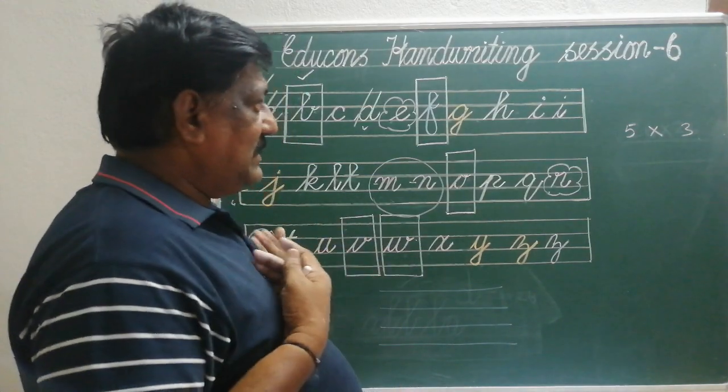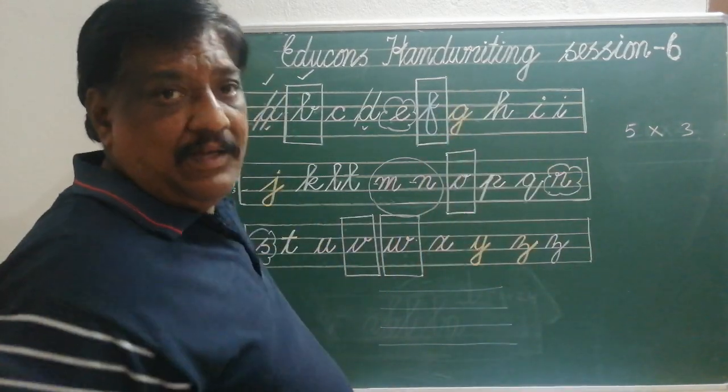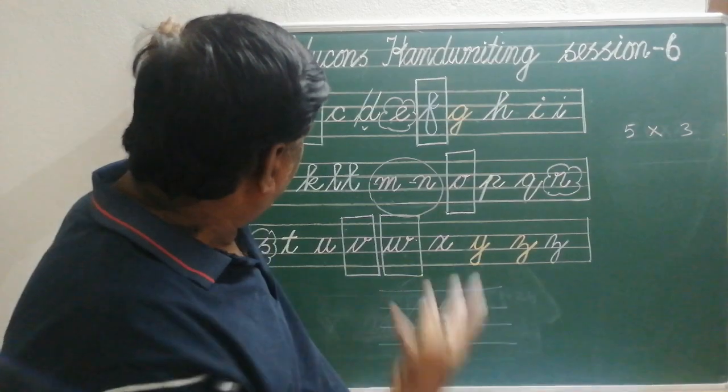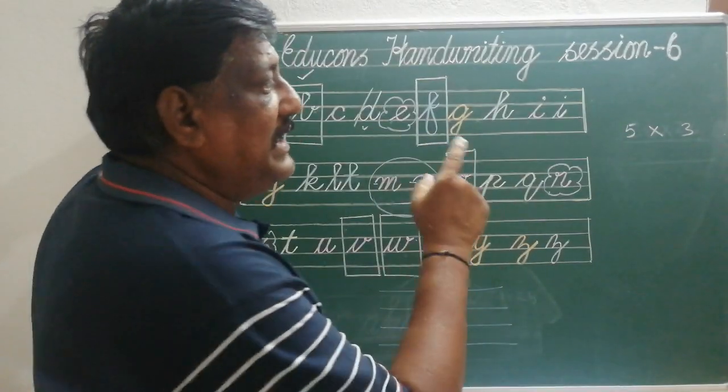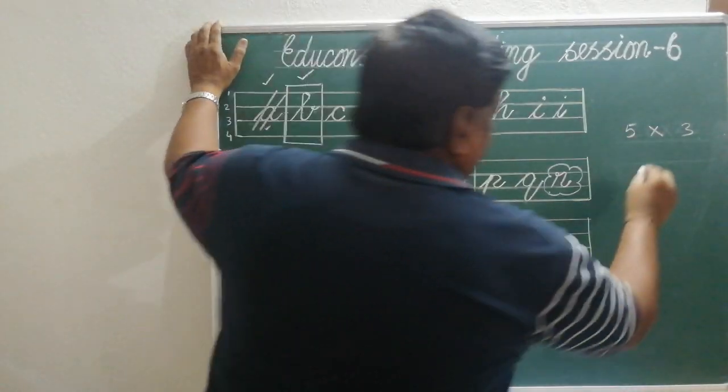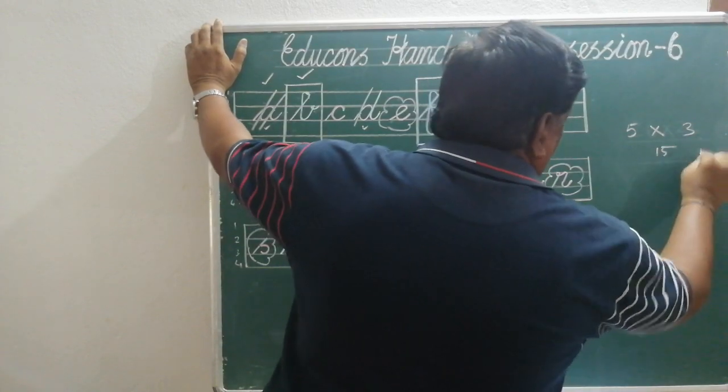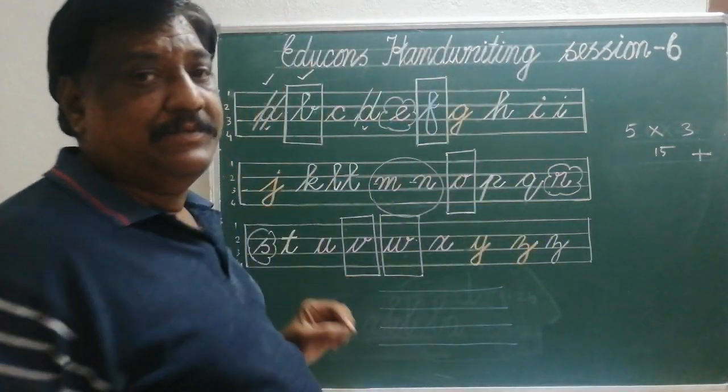So instead of that whole joining, we made this an exception. So 15 exceptions we have made, and practically we found another exception also.